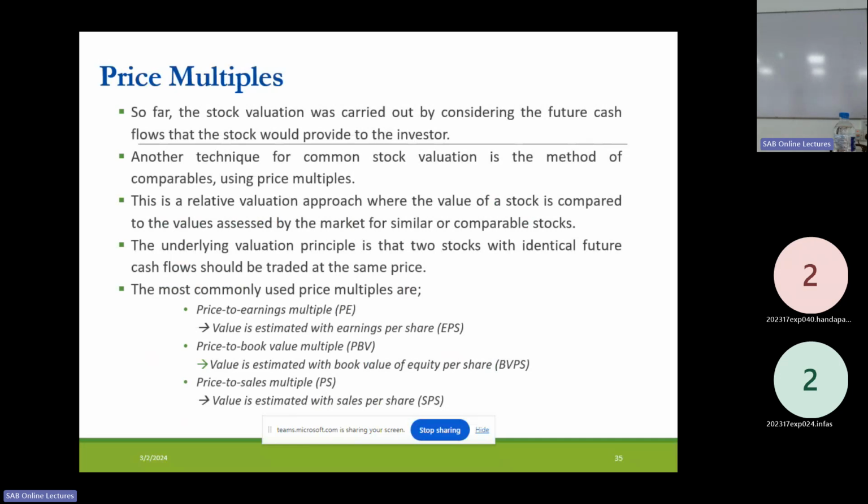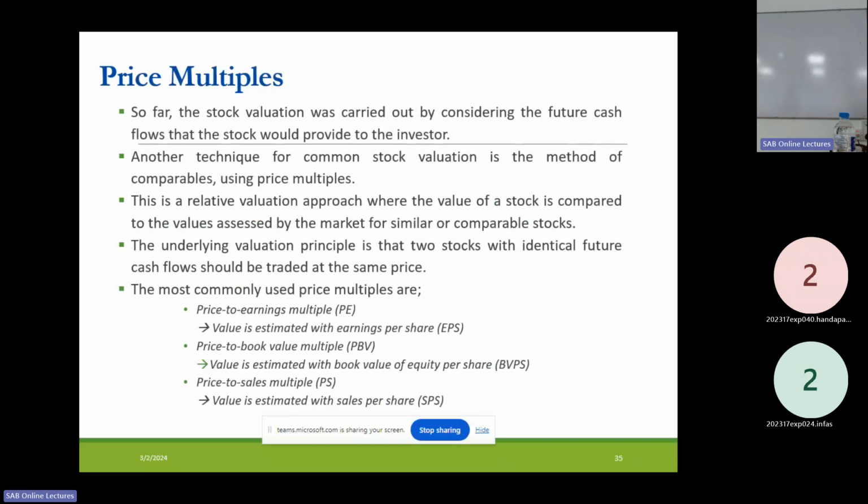Price multiples mean we can identify different variables related to the price and calculate different multiples. Based on the multiple's average, the industry average or the competitors' average, by taking this variable in our company, you can forecast the price. So that is the way.